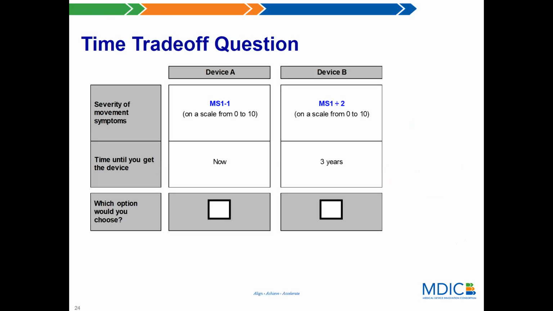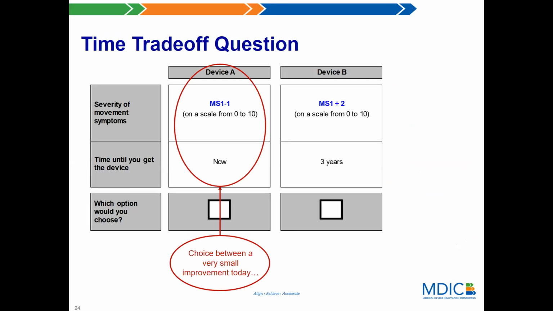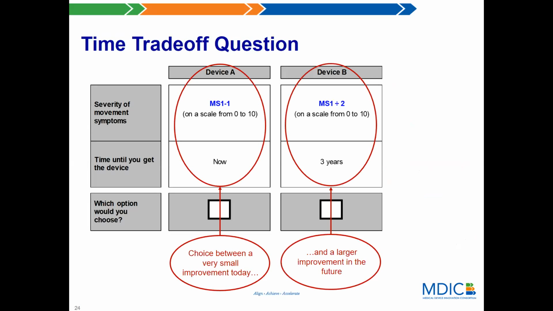This is what the time trade-off question essentially looks like. It's simpler in design. It doesn't have to be, but the way that we did this, we made it simpler in design to basically say, for any improvement, like in this case in movement symptoms, would you prefer to have a small improvement today, or would you prefer to wait and have a larger improvement?